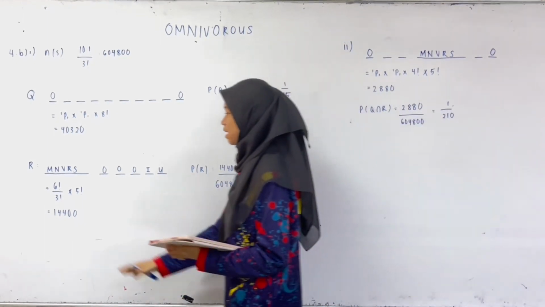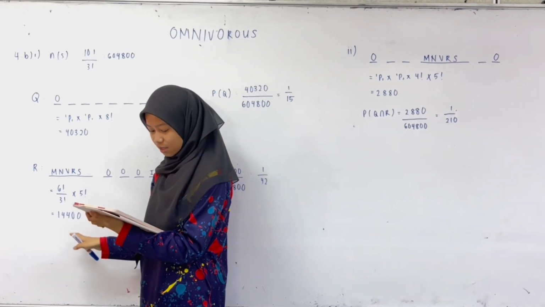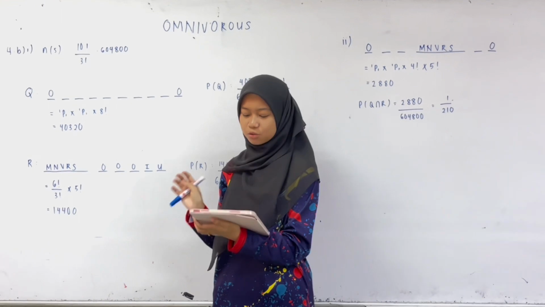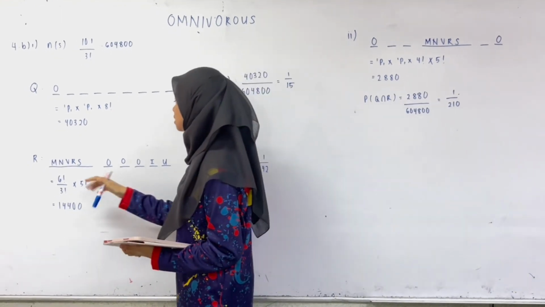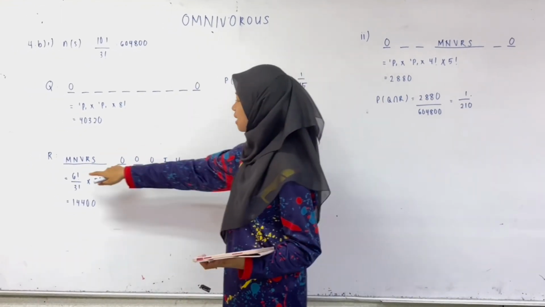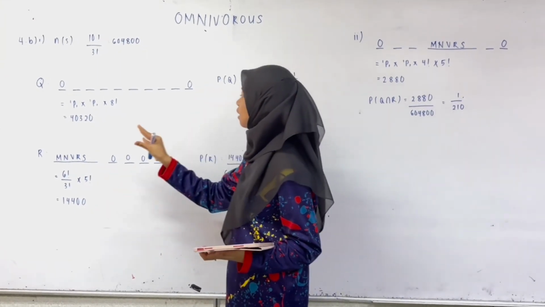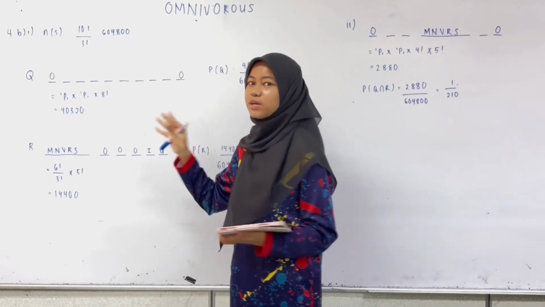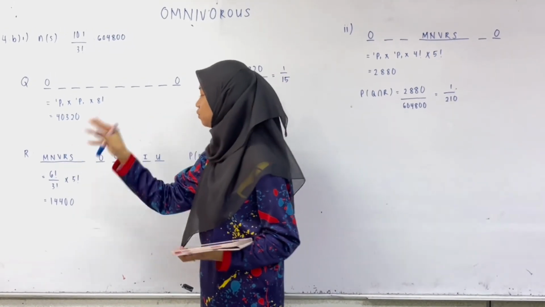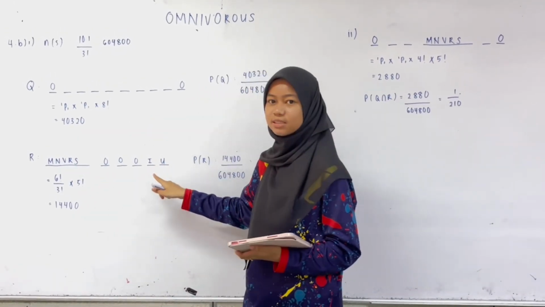Okay, so next we have to find the probability of R, which is all the consonants in the word are kept together. The consonants we have are 5 letters, which is M, N, B, R, and S. Out of the 10 letters, 5 letters will be kept together, and we have another 5 letters.